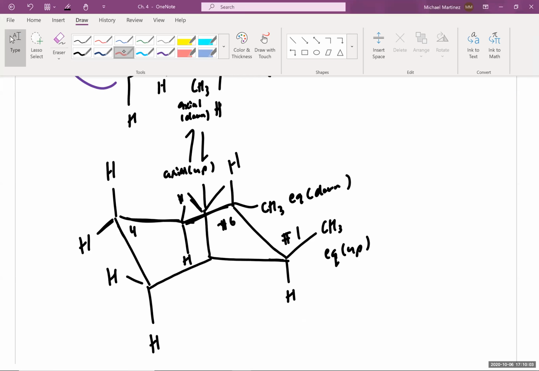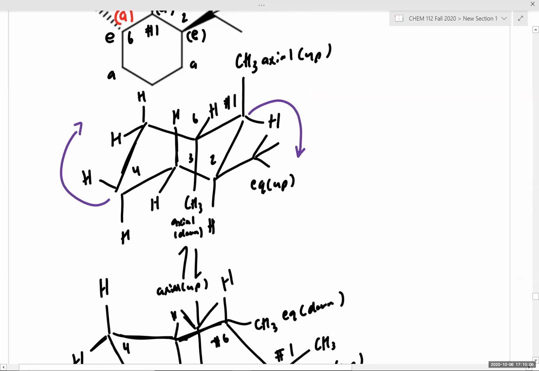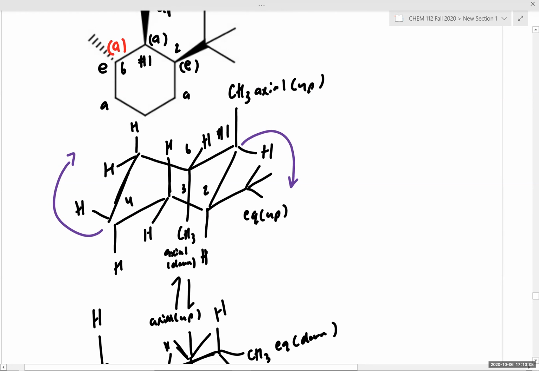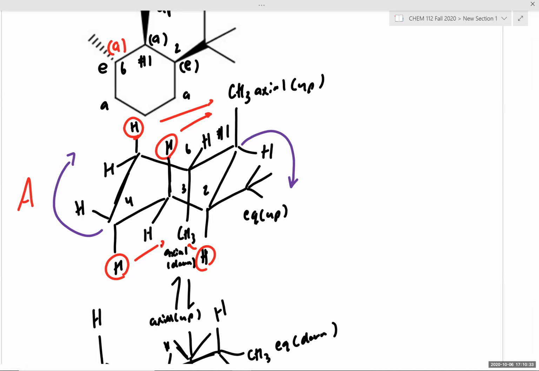Now let's assess and identify any steric and torsional interactions. So in our first conformation that we'll label A, what steric and torsional interactions are at play? Would anyone like to volunteer?